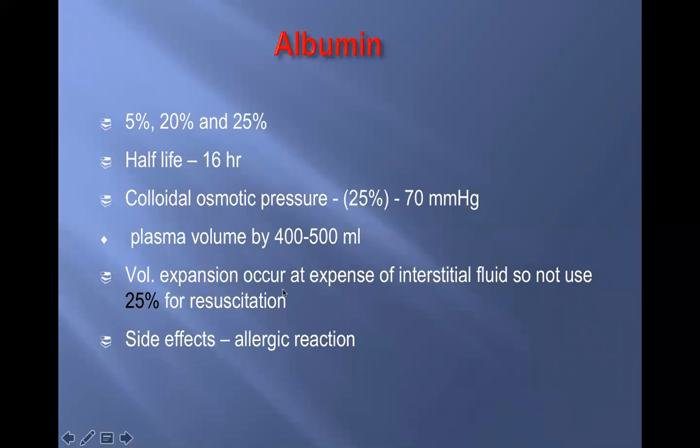Volume expansion occurs at the expense of interstitial fluids, so do not use 25% for resuscitation. This means the replacement is of only the intravascular compartment, not the interstitial compartment, not the intracellular compartment. The side effect of the albumin may be allergic reaction.